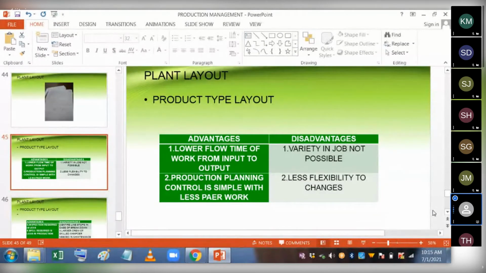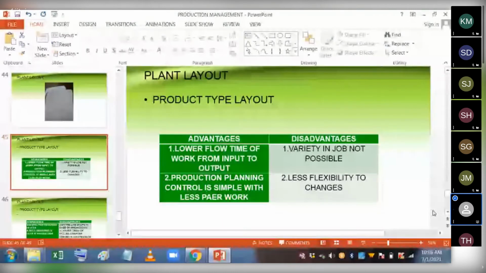In a mass production industry, because the production rate is very high and the production is almost controlled by the movement of conveyors and all, the time of production is less. Can you imagine that you are producing some say 100 cars in a day or 50 trucks in a day?